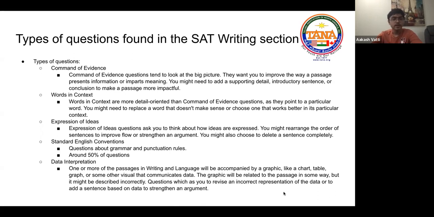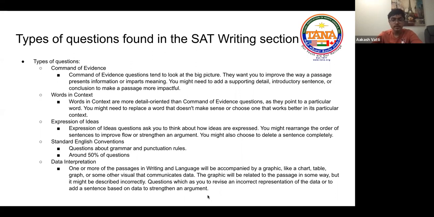A fourth type of question would be standard English conventions. These are the most populous of the questions, and usually around 50 percent of the questions are standard English conventions. These questions are usually about grammar and punctuation rules. A final type of question that you might see is data interpretation.